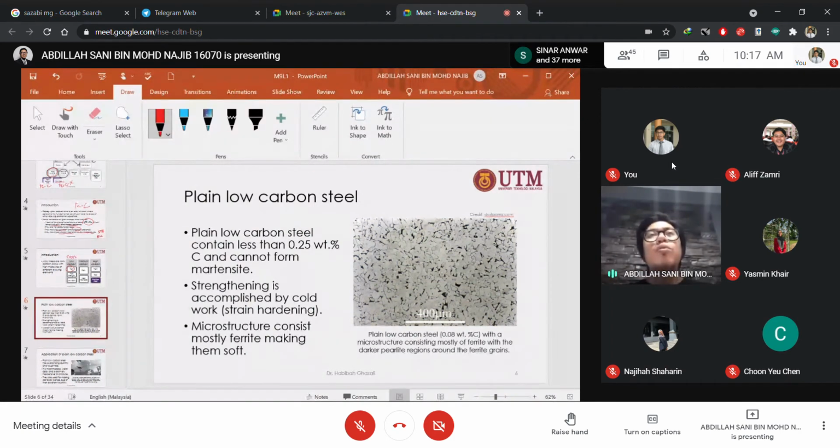For slow or moderate cooling, the carbon has the time to diffuse because there is heat, so it will form pearlite, alternating lamellae of cementite and ferrite.